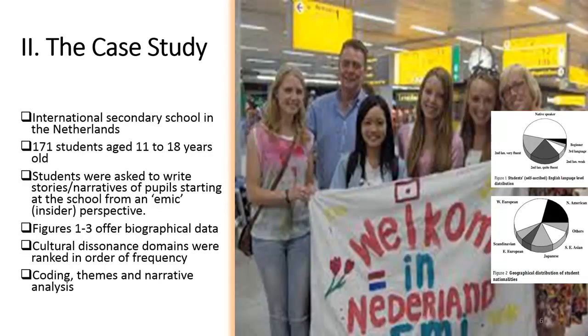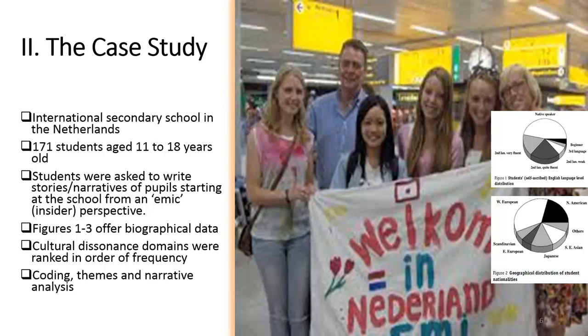So the author does something really nice for us. He doesn't just talk about these issues, but he provides a nice case study for us to look at these issues. He performed a case study at an international secondary school in the Netherlands. There were 171 participants.